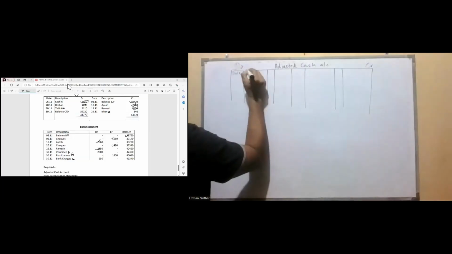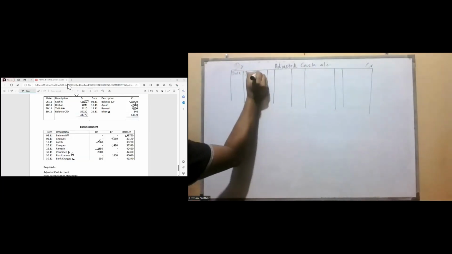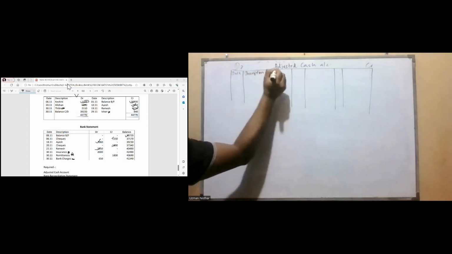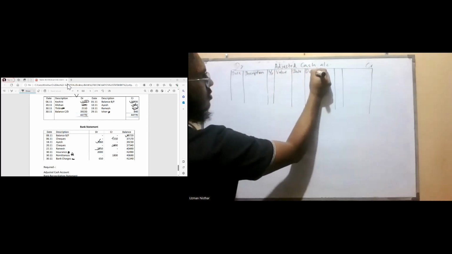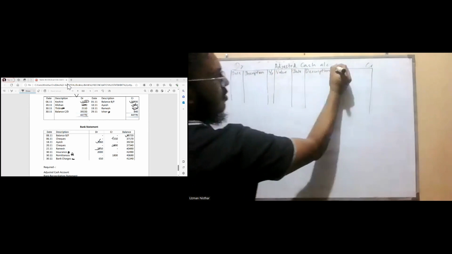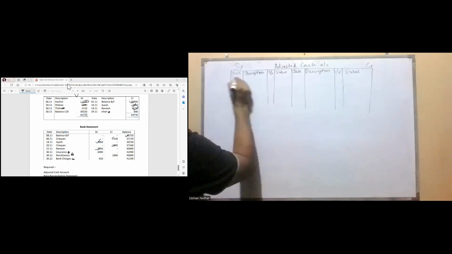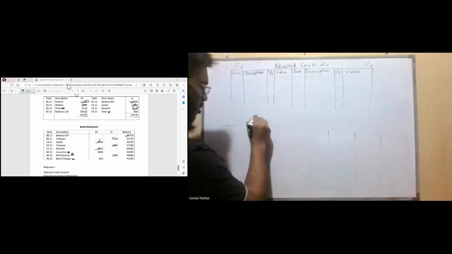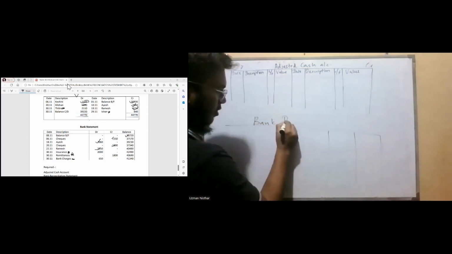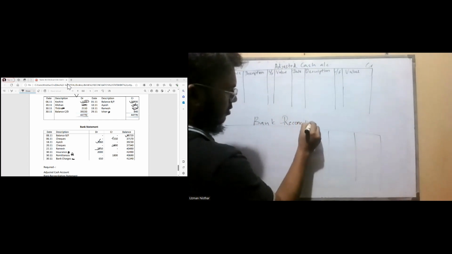Folio, value. Now with that, we'll draw the format of this also. Bank reconciliation statement.